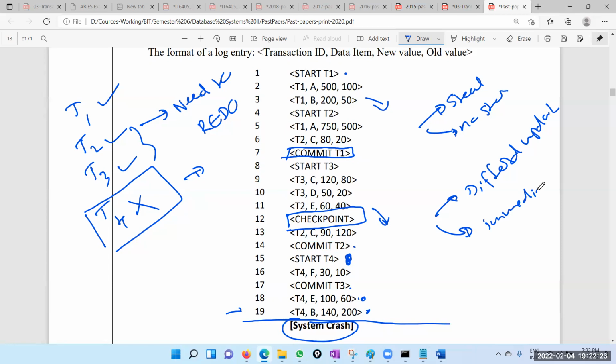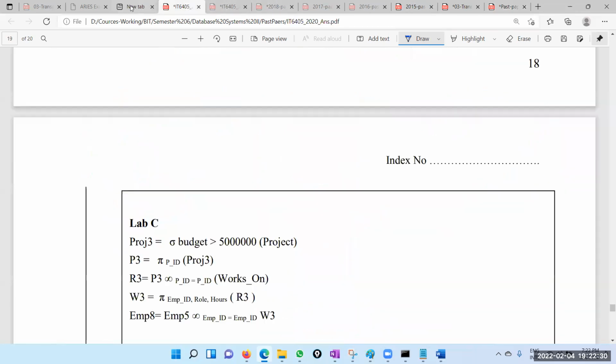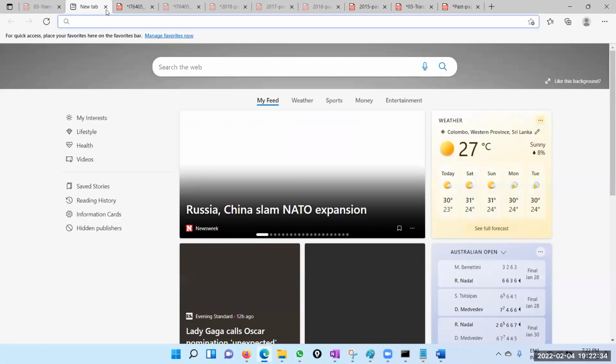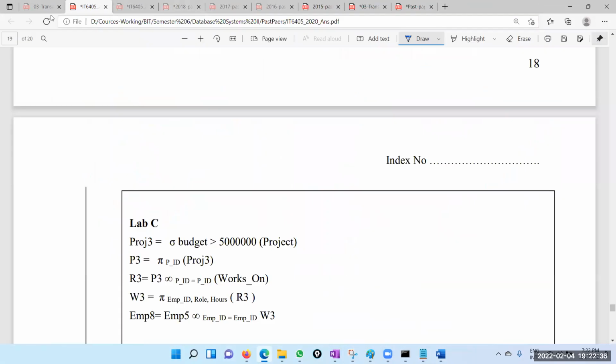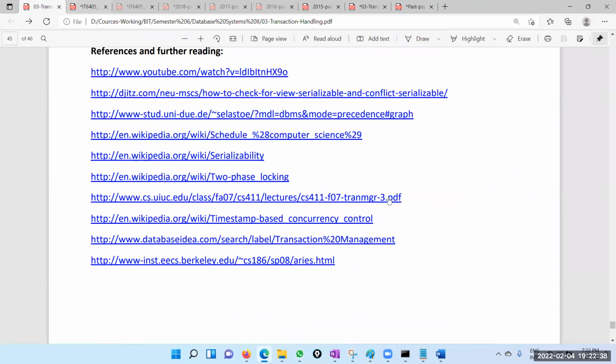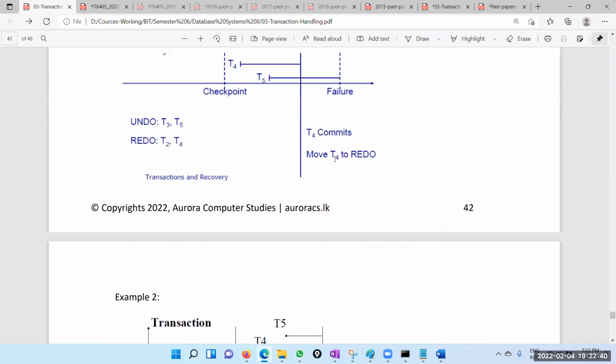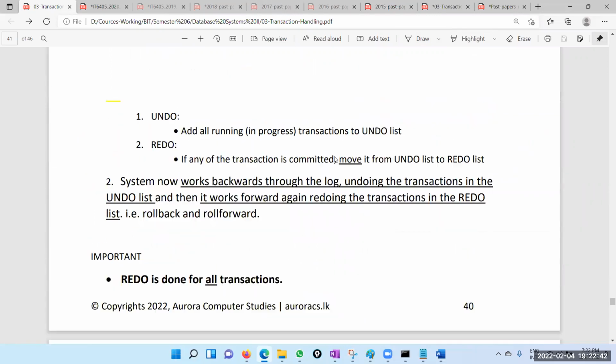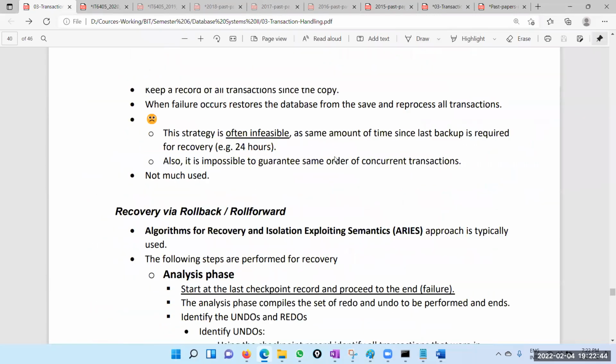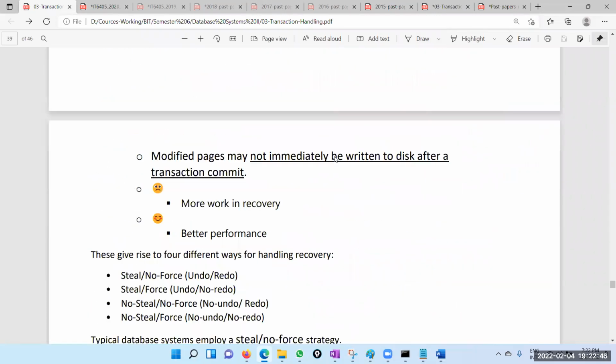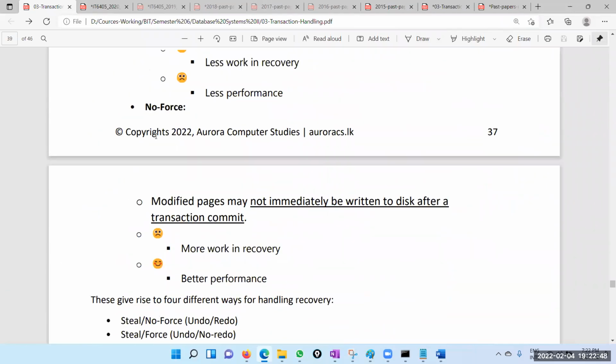Those are the four possibilities. Okay. Let's get back to our note.